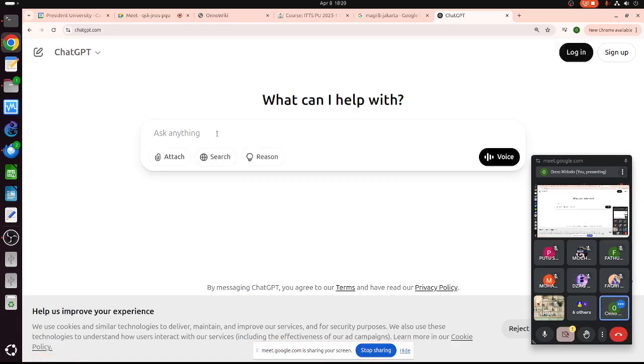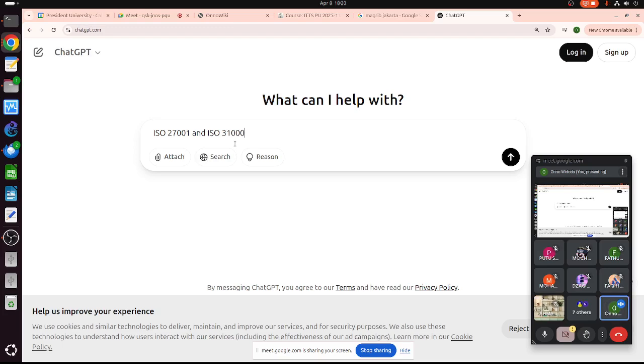Okay, so basically there are 2 things: ISO 27001 and ISO 27000. Sorry, this one is the information security, and this one is risk management.